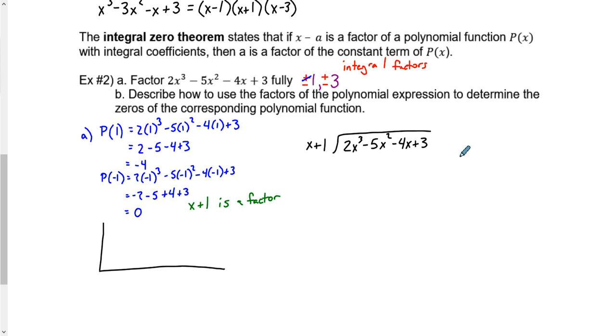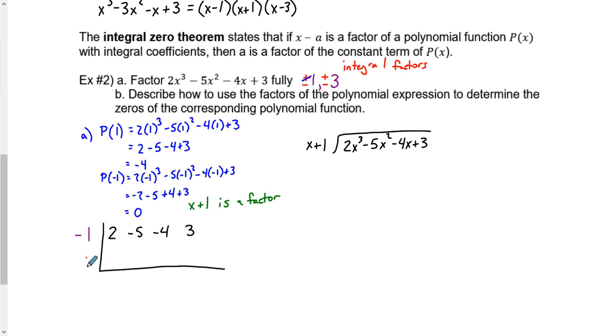But in long division, there's more room for error. So let's do some synthetic. We do our coefficients and our constant term: 2, -5, -4, and +3. If x plus 1 is the factor, we're going to put -1 in.